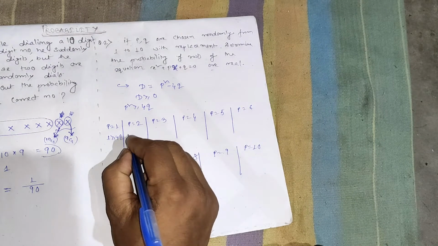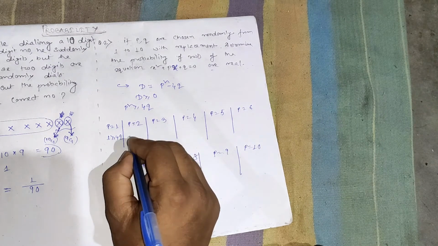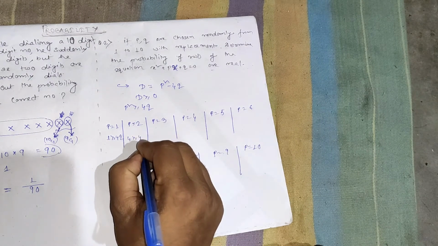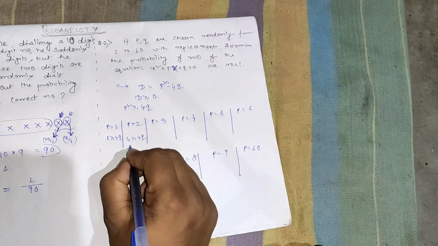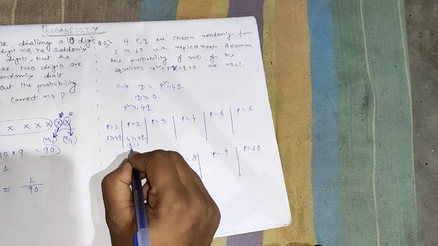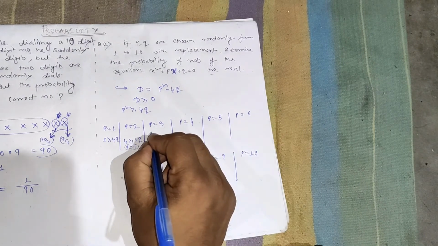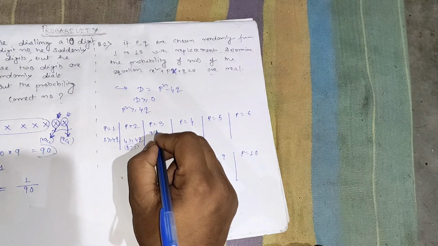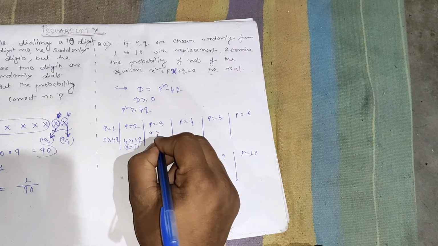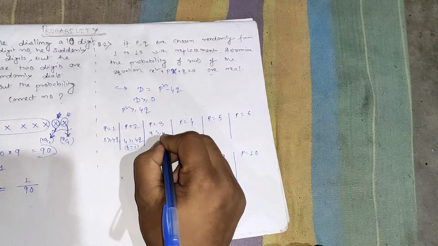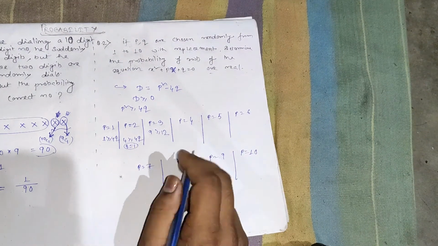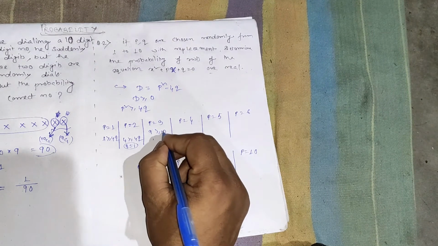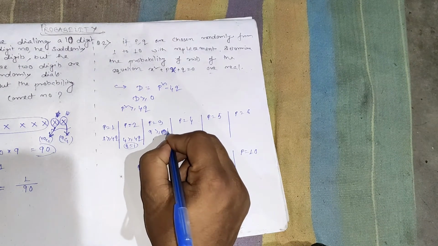When p equals 2, that is 4 greater than or equal to 4q. Here q equals 1. Here 9 greater than or equal to 4q.